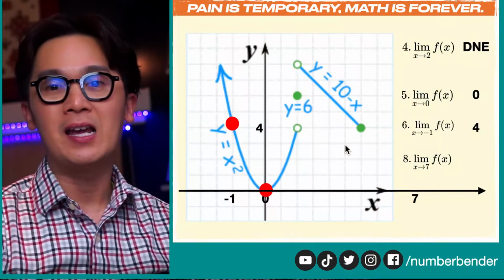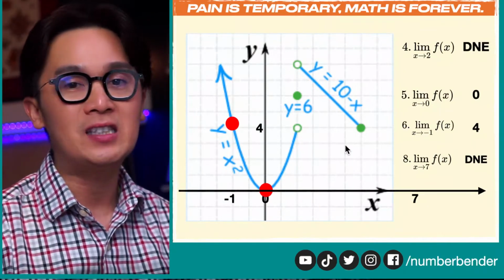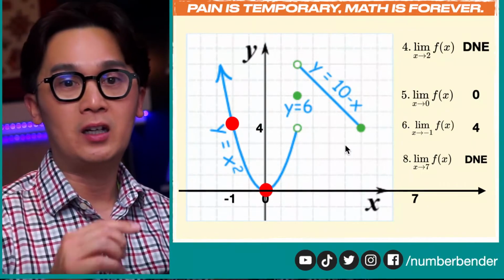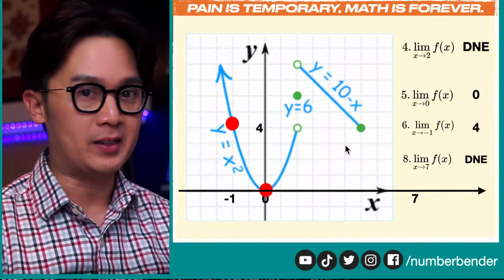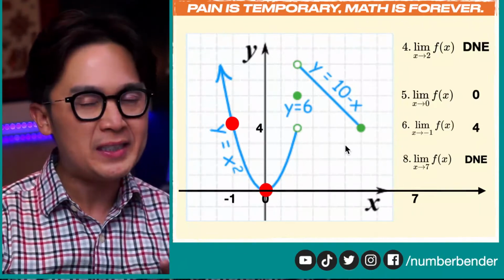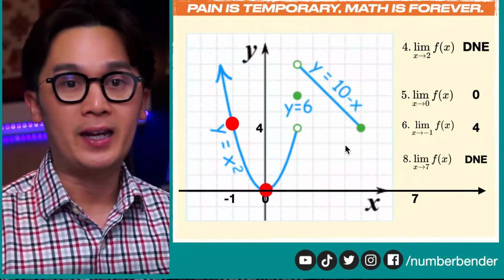So that means the limit of f of x as x approaches 7 does not exist, because the function does not exist at that particular value of x in the first place. So these are some of the many reasons why sometimes a limit does not exist.